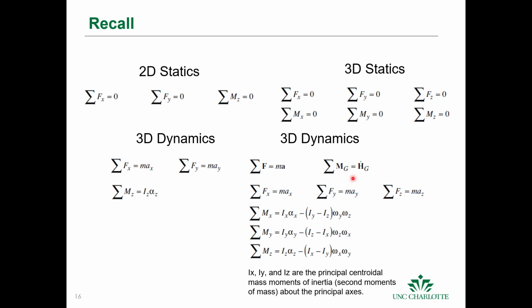If we sum moments, okay, we can find that these are the Euler equations, which represent how we find the three-dimensional moments on an object based upon the accelerations and angular accelerations and velocities relative to the distribution of mass around that object. Okay, so there are advanced dynamics classes that you can take here at UNCC.